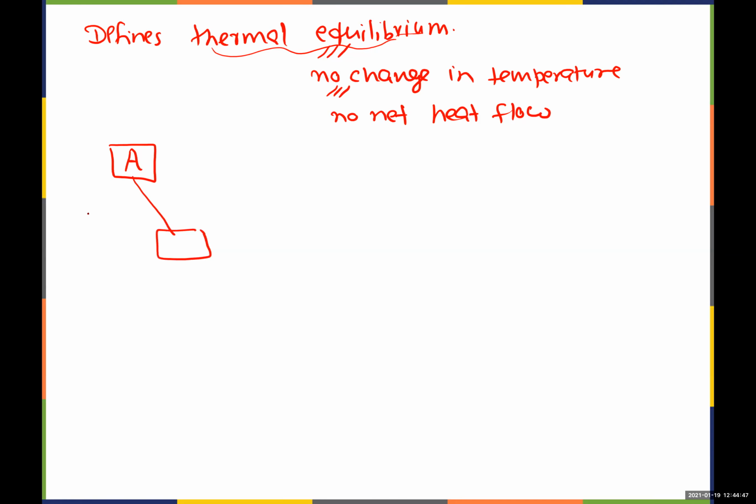They are in equilibrium, which means there is no change in temperature, meaning A and C have the same temperature. So we are saying here A is in equilibrium with C.